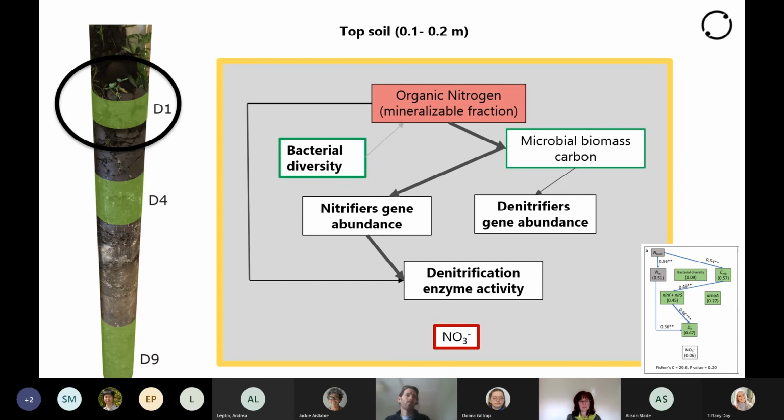However, this biologically driven part of the nitrogen cycle was not at all correlated with the abundance of nitrate ions. So one interpretation of this data is that in the topsoil, nitrate concentration, and remember these are well-drained topsoils, is independent of microbial properties.